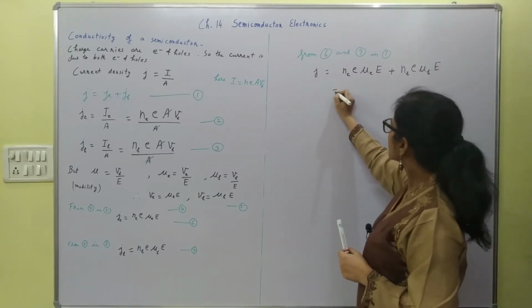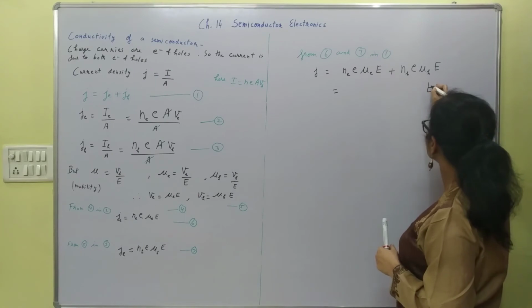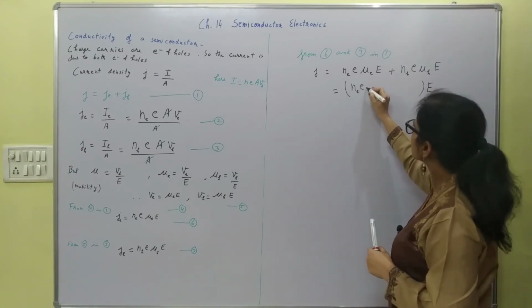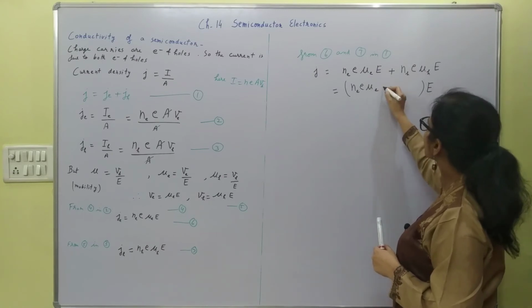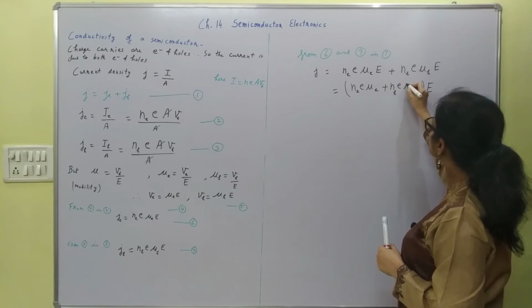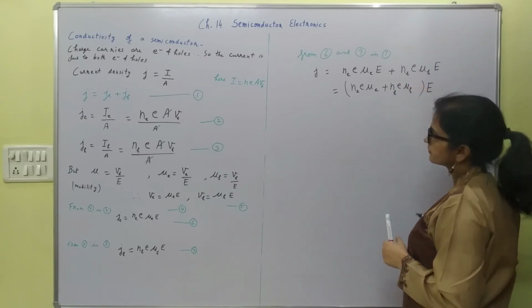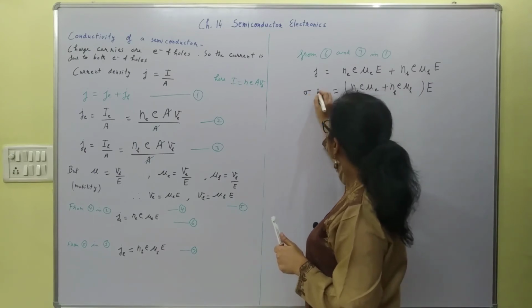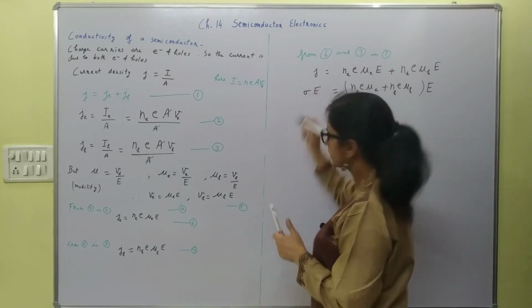From here I can take this e common and I can write e times (Ne mu e plus Nh mu h), and this can be written as sigma into E.